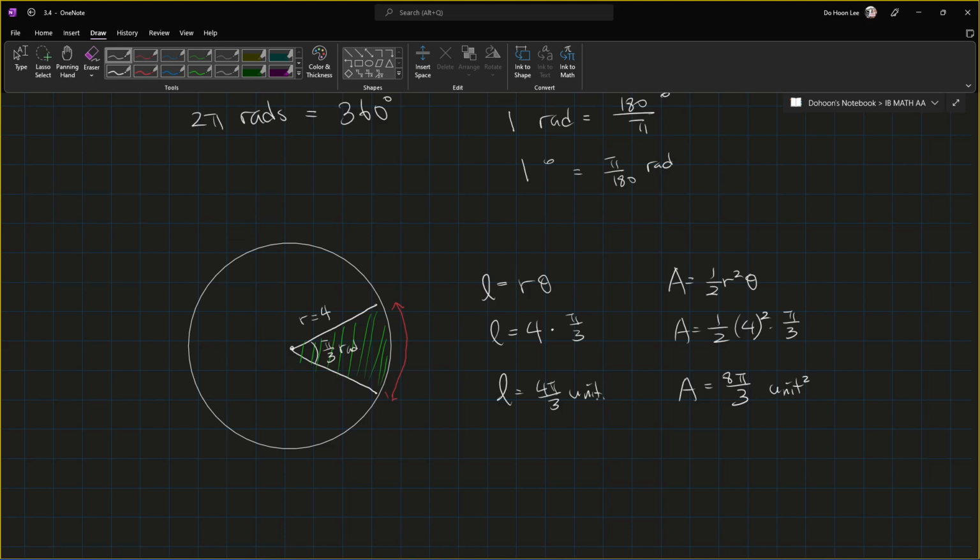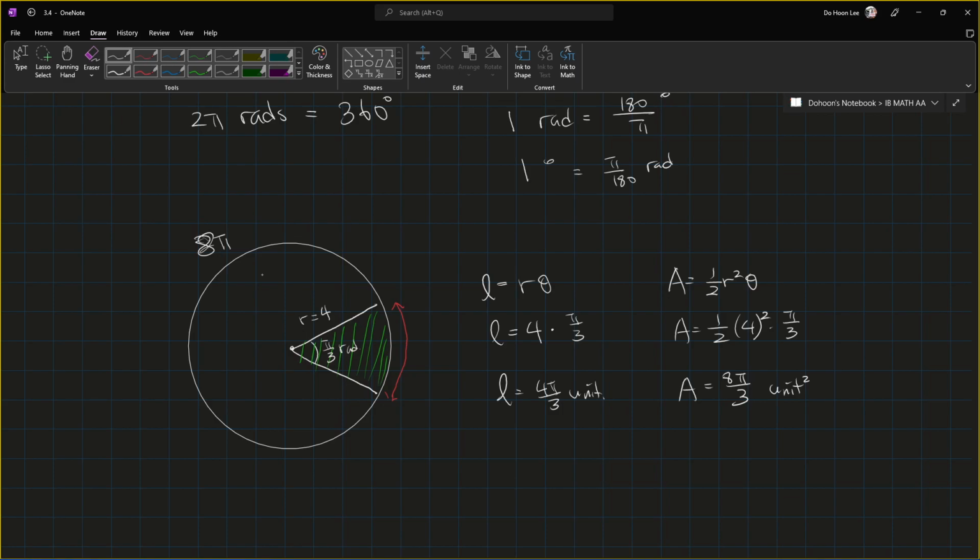One way to verify that the formulae are correct would be to think about the relation to the full circle. The circumference of the circle over here was 8 pi. And pi over 3 is 1/6 of an entire turn.